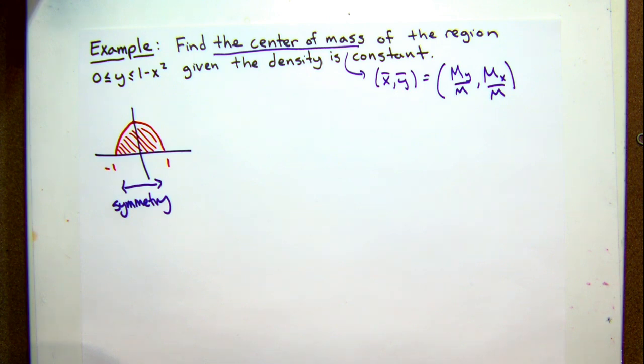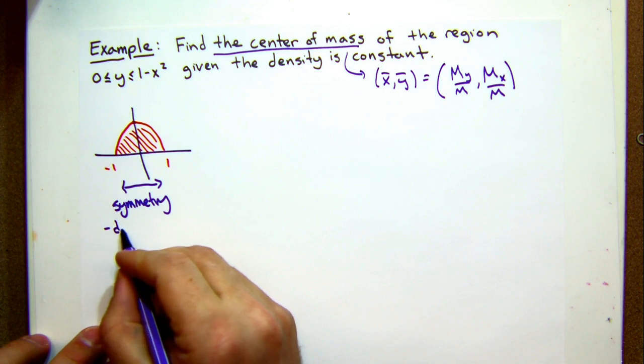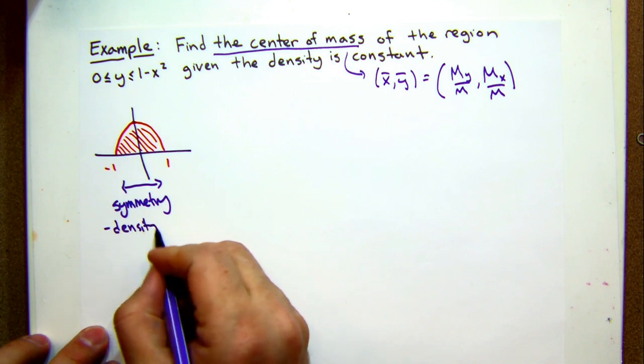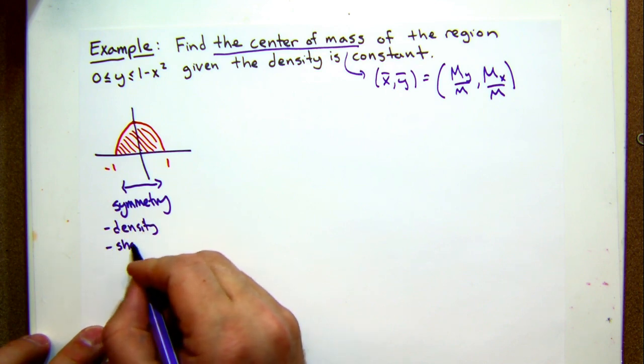How many symmetries do we need in order to claim that we have symmetry? What has to be symmetric? Just give me something that has to be symmetric. The density has to be symmetric. That's the one that people forget about.